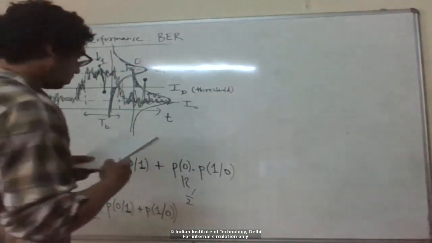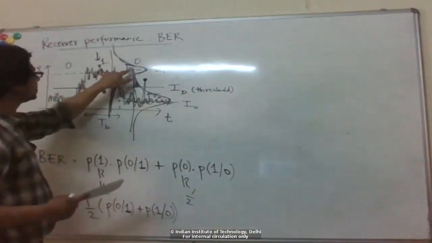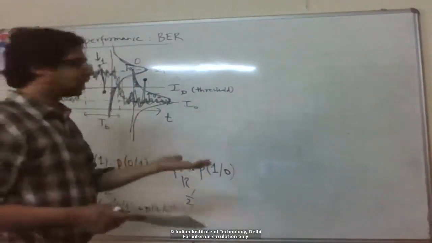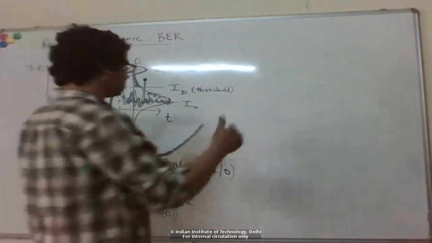So now this standard deviation, or basically the variance sigma square, is the variance of the noise currents that we studied, for the shot noise and thermal noise.